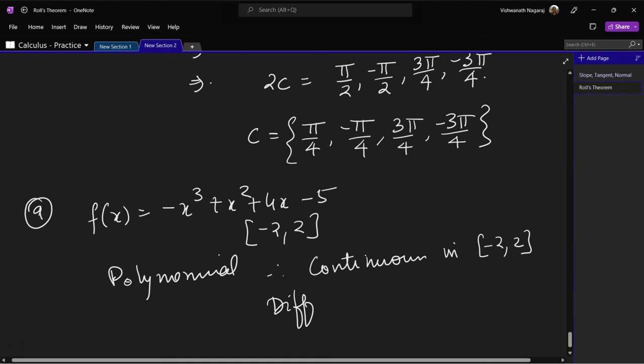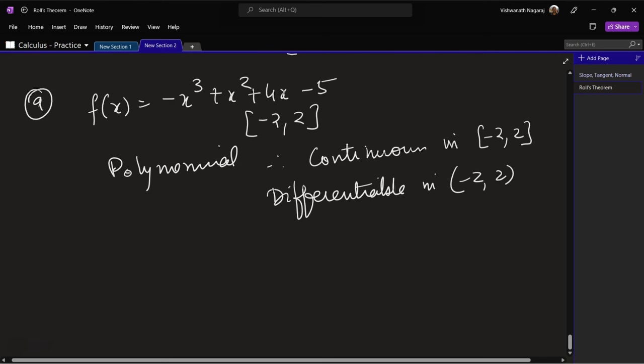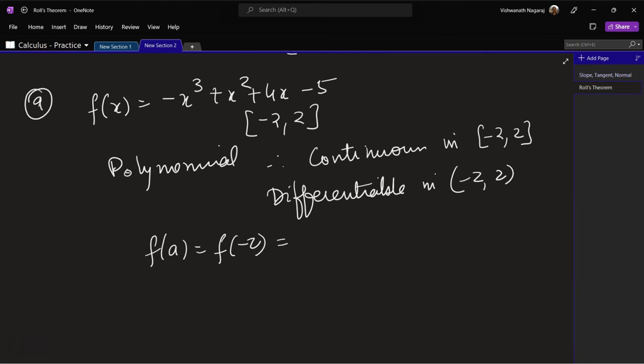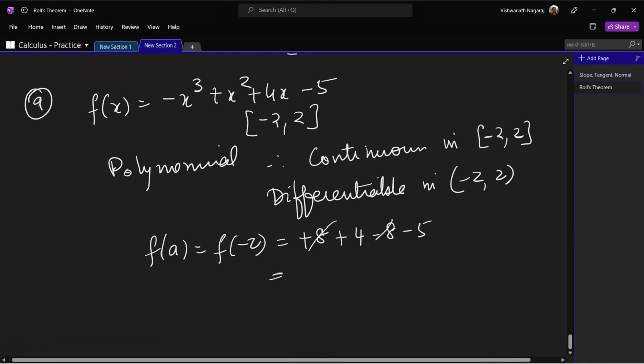It is differentiable in minus 2 comma 2. Now let's look at f of a, which is f of minus 2, which is equal to minus of minus 2 cube, which is minus 8, so plus 8, plus minus 2 square is 4, minus 2 times 4 is minus 8, minus 5, which gives us 4 minus 5, which is minus 1.